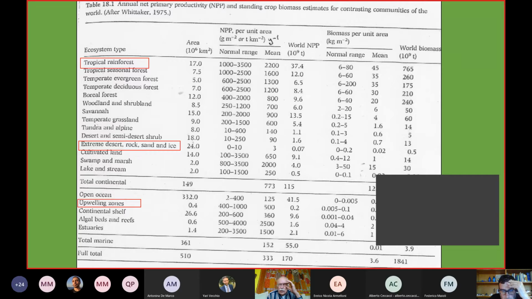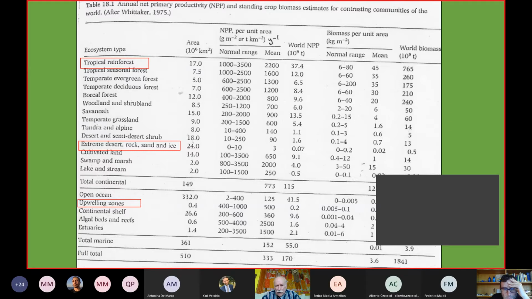But I want you to look only at the mean in the tropical rainforest, which is in grams per square meter, which again equals tons per square kilometer. You can see that you have 2,200 grams per square meter per year.